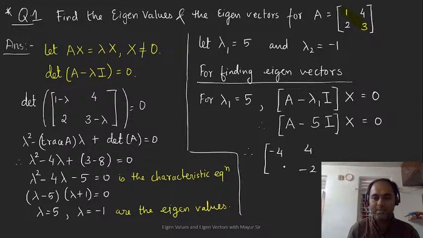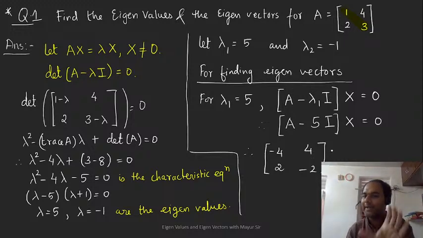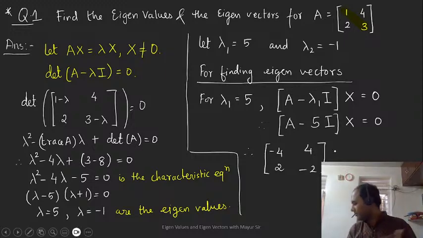The remaining elements stay as they are. Don't touch the other elements, only the diagonal elements are to be touched. Followed this much? I hope you are able to keep track of this.